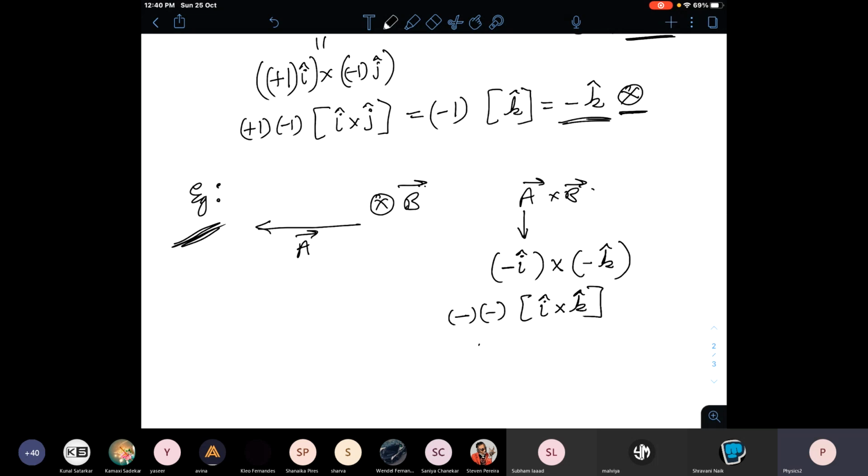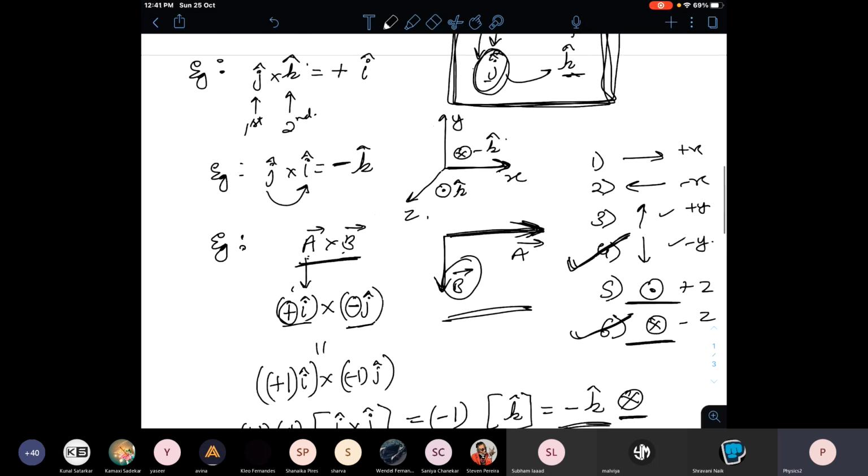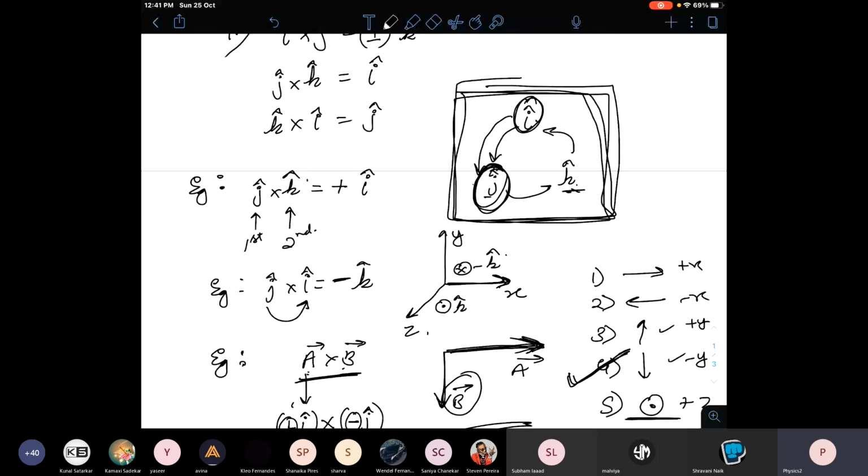Minus into minus will become plus. And for i cap cross k cap, again go to this circle. I cap cross k cap means the answer should be j cap. What will be the sign? It will be minus. Why? Because we are going from i to k, against the circle.